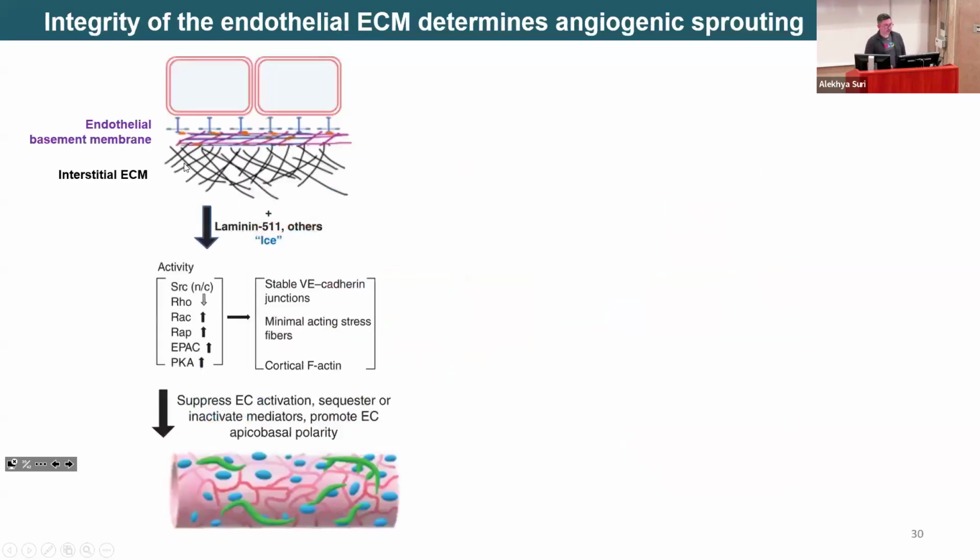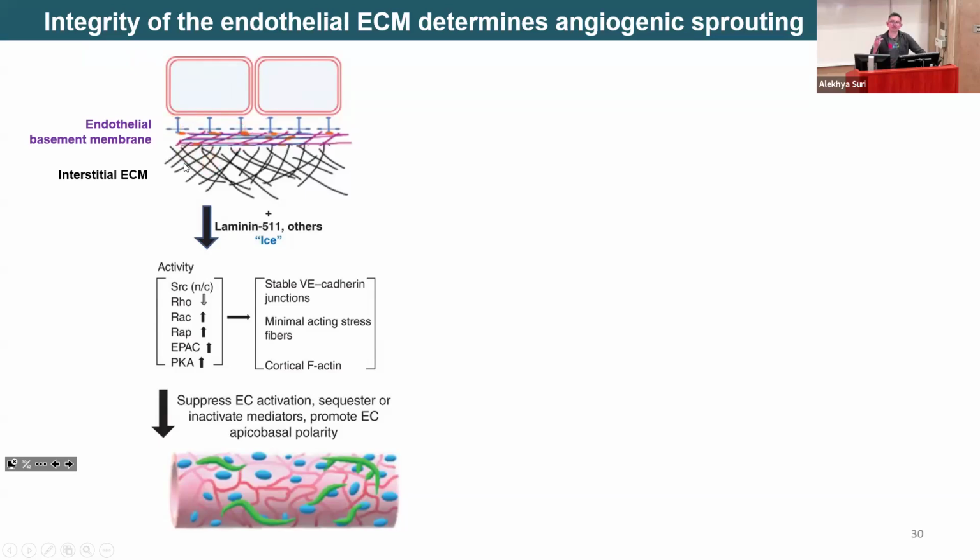Now, in the particular case of sprouting angiogenesis, the most important thing is the balance between pro-angiogenic factors and anti-angiogenic factors. So when the tissue is healthy, normally what you have is endothelial cells producing what we call a basement membrane.